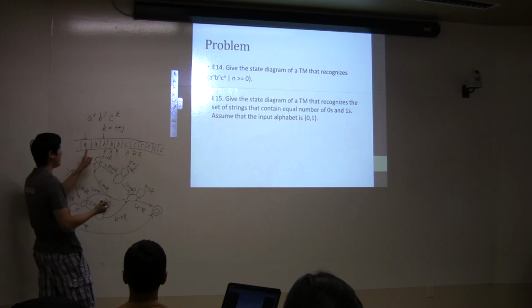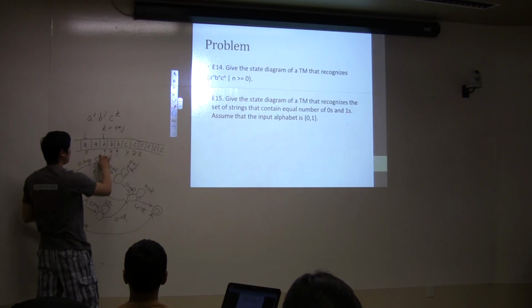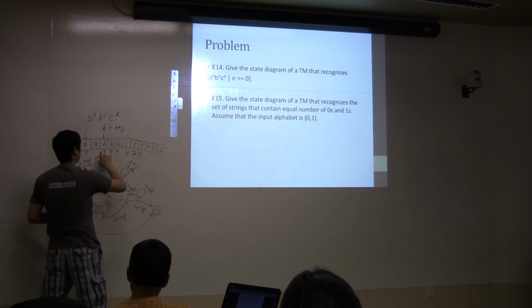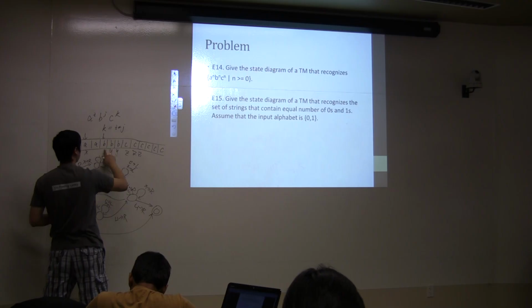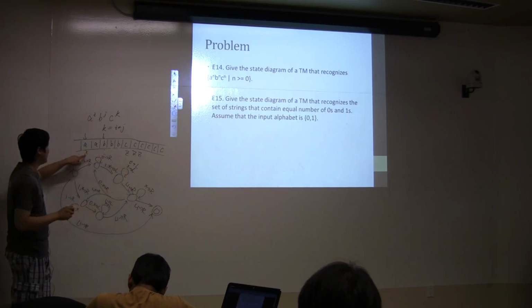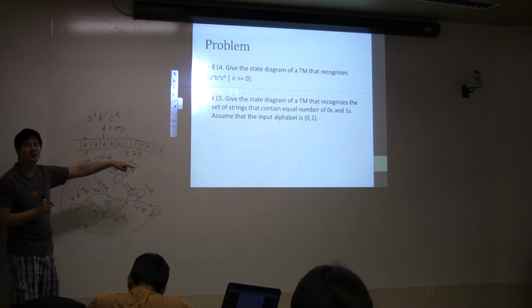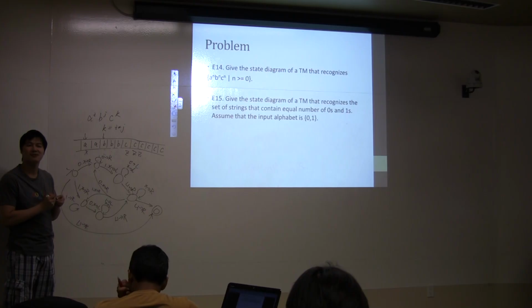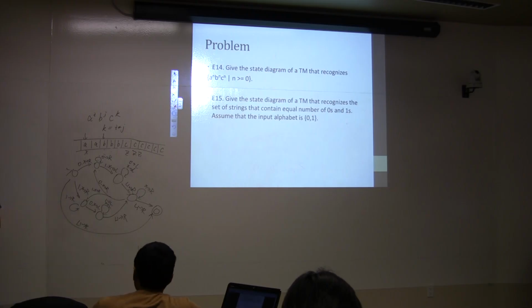And when you go back, you revert all the Y's into B's again. So when you go back, you replace all the Y's by B's until you see an X, and then you do the iteration. Make sense? Now I'm not going to write the state diagram for you again.